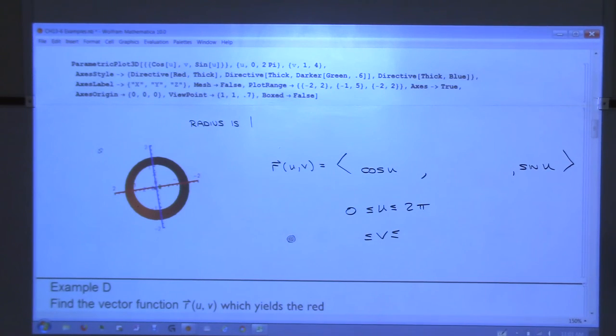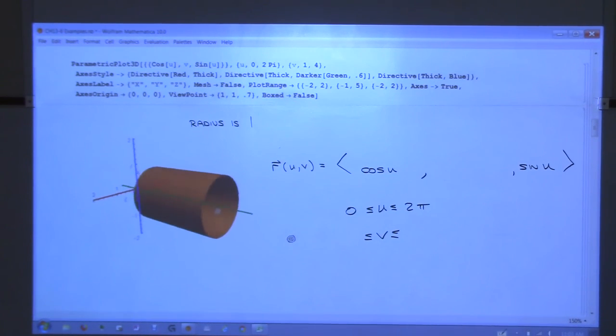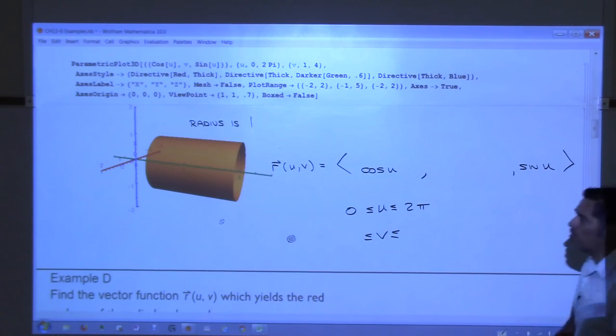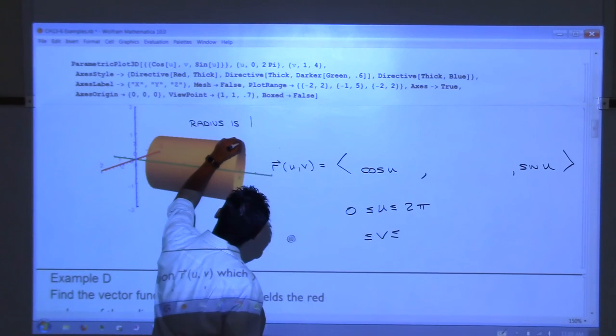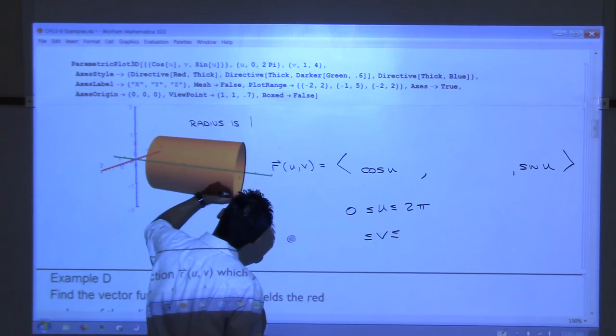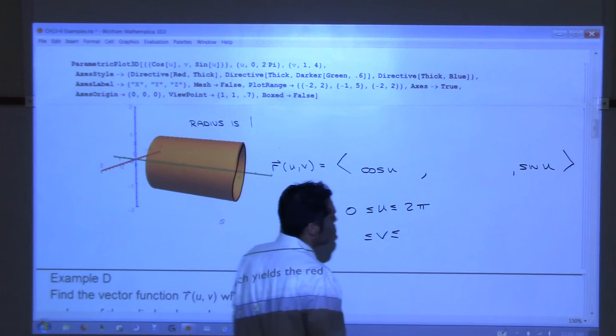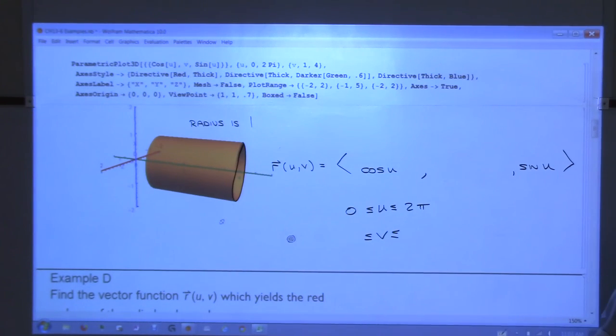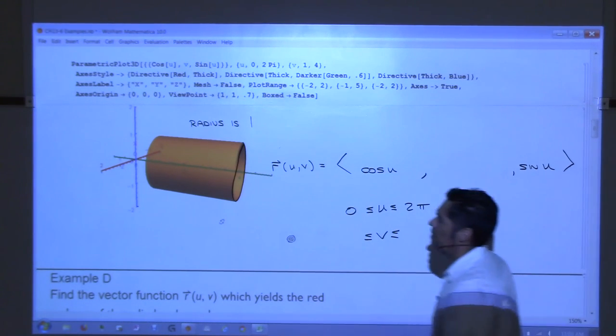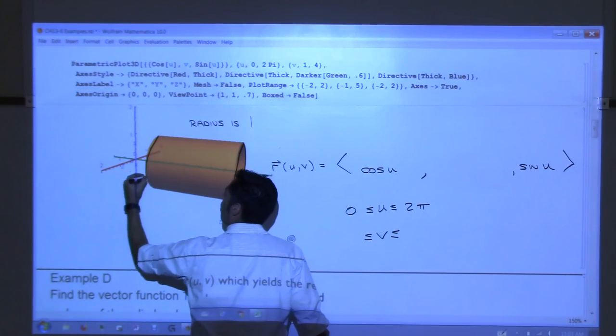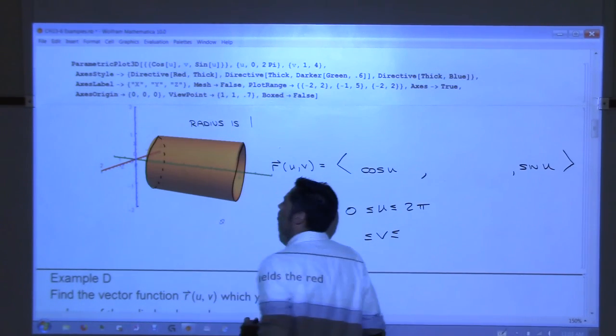Yeah? But what about the y component? What do we want the y component to do? We want it to be able to move. How would you draw this outer ring right here? What would your y value need to be there? 4, right? And then what would the y value need to be if you want to draw this one back here? 1.